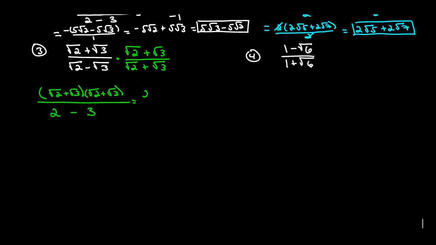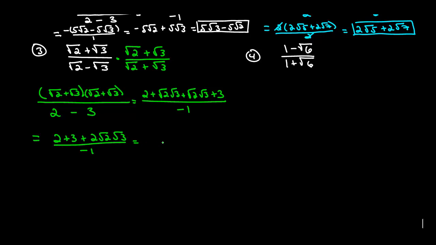And now we have to FOIL out the numerator here, so we've got 2 plus, so that's the square root of 2 times the square root of 2. And then we've got the inner terms, the outer terms, and now the last terms multiplied together. You should go through that and make sure you can FOIL that guy out. So that gives us 2 plus 3, and then I've got 2 of those square root of 2's times square root of 3's.